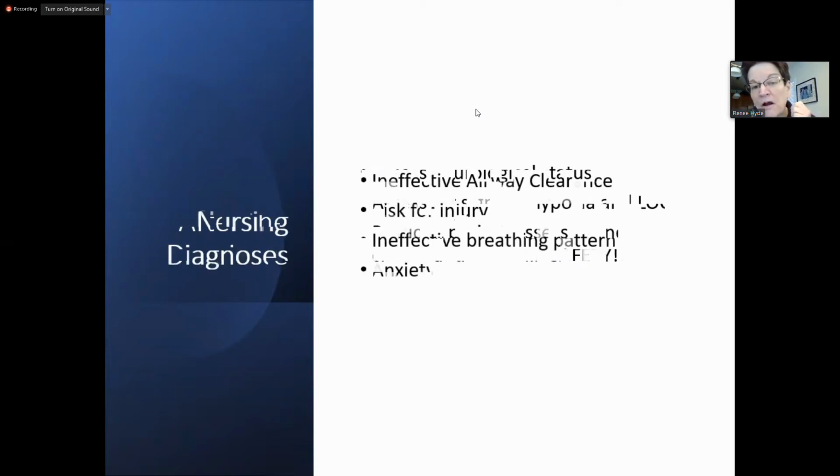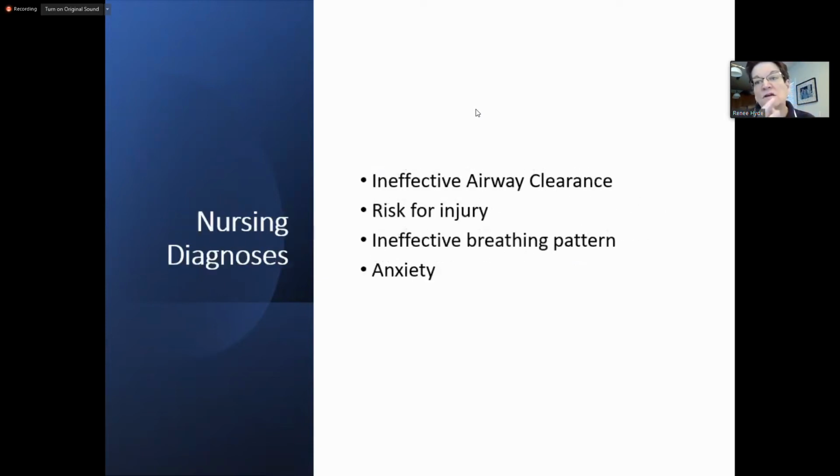Now, our priority nursing diagnoses for these patients: ineffective airway clearance, because remember, they don't have that ability to swallow during the seizure. Risk for injury, ineffective breathing pattern. Typically during that tonic period, they will have a period of apnea.